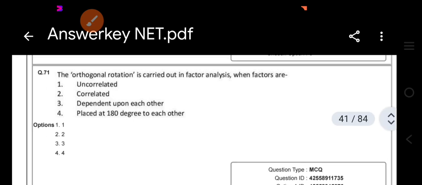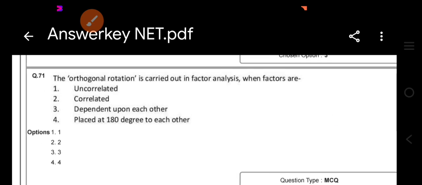We have to understand the meaning of orthogonal rotation. Basically, orthogonal rotation is related to uncorrelated factors, so there is no correlation.